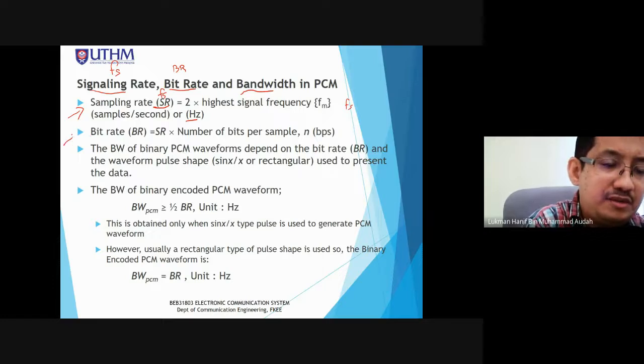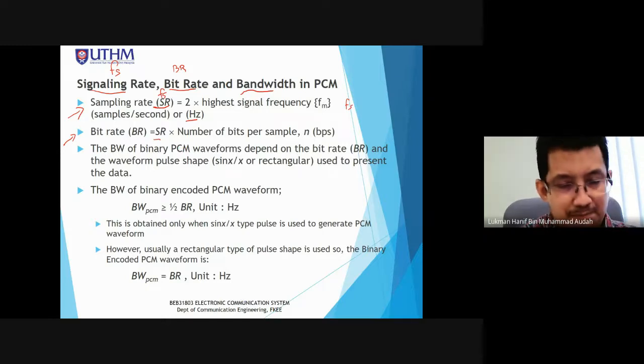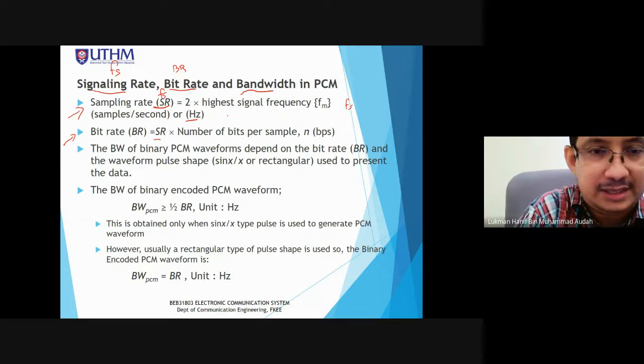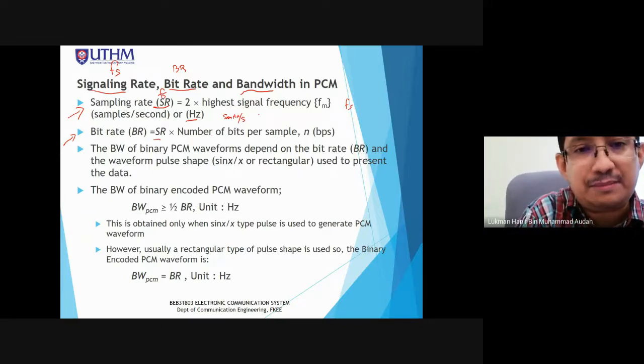Ini yang barulah bit rate. Bit rate is equal to sampling rate multiplied with number of bit per sample. Maknanya, sampling rate adalah sample per second. Berapa banyak sampel per second darabkan dengan number of bit per sample.